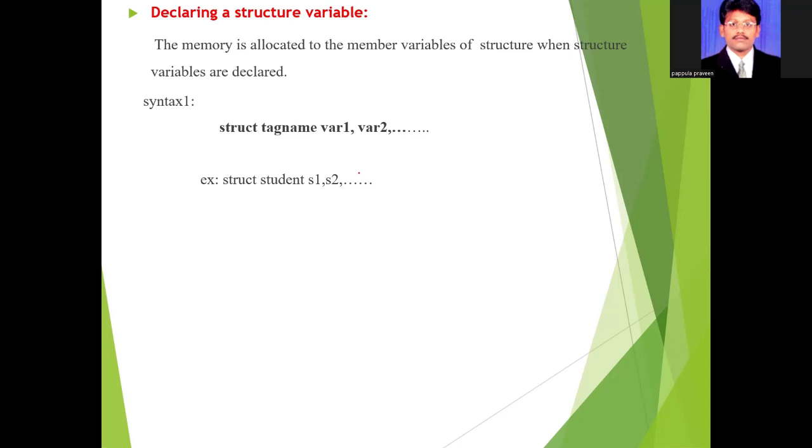Through these structure variables, all elements in the structure can be accessed. Actually, it is called the alias of the structure. Without this structure variable, we can't access structure members. Through this variable only, we can access, like variable dot name of the student, variable dot hall ticket number.